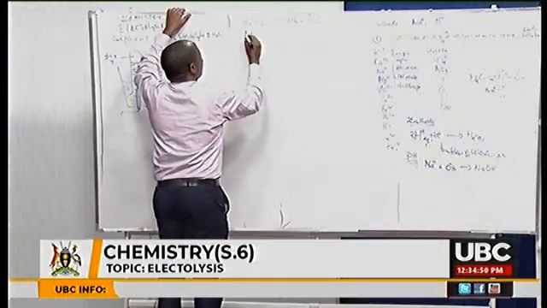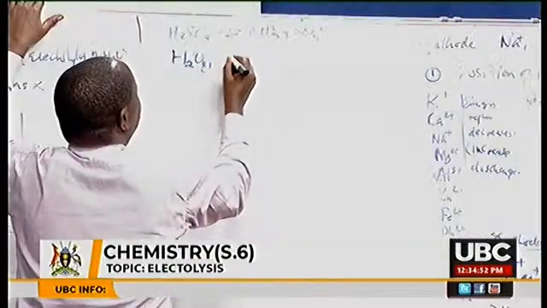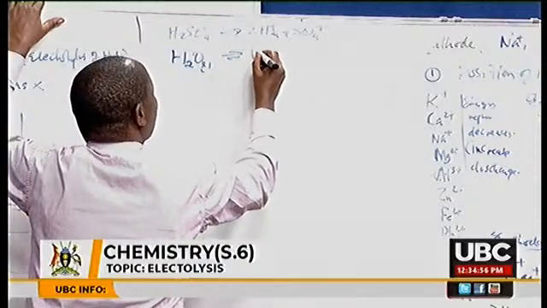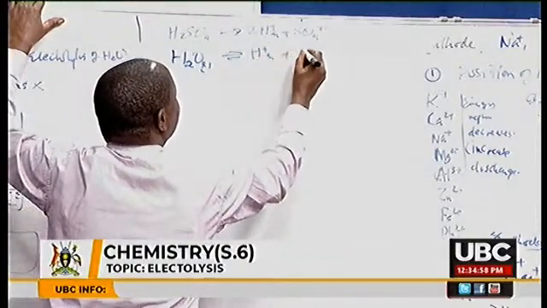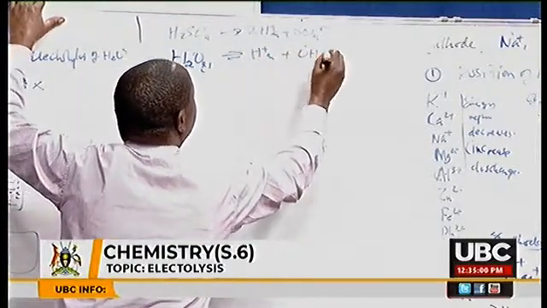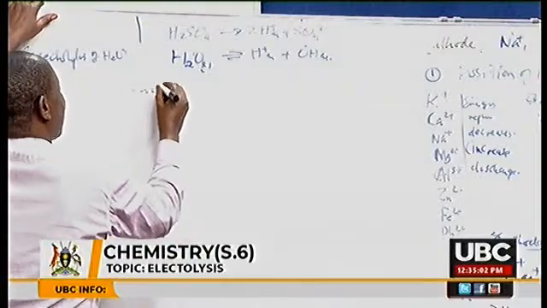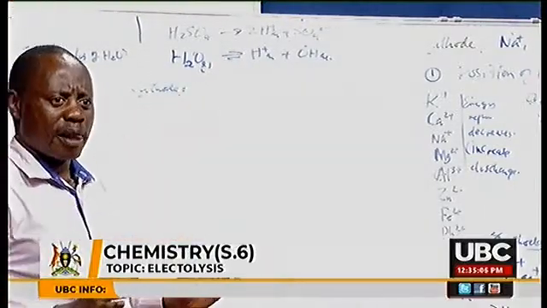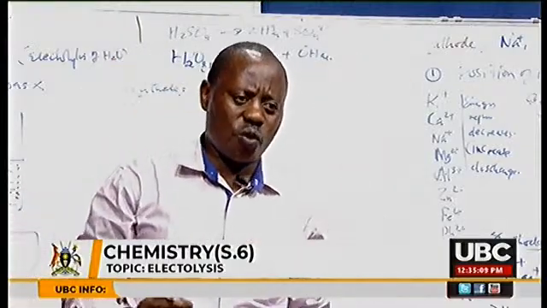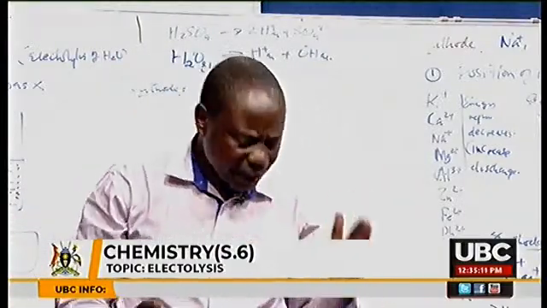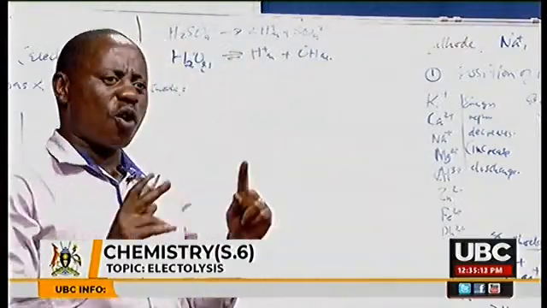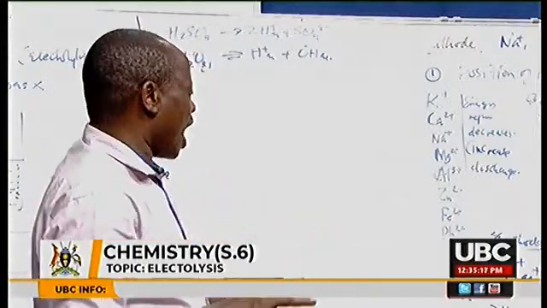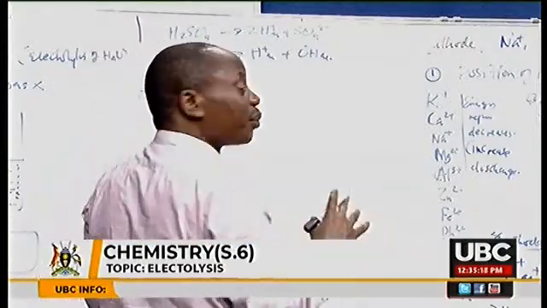So there is also water. When you pass electricity, it partially ionizes to form hydrogen ions and hydroxyl ions. This time at the cathode, we don't have any problem. Why? It's because we have only one positively charged ion, which is hydrogen, and obviously hydrogen will be discharged.